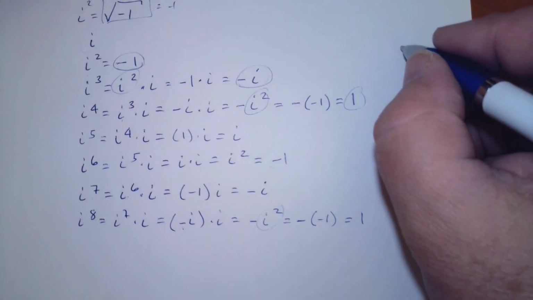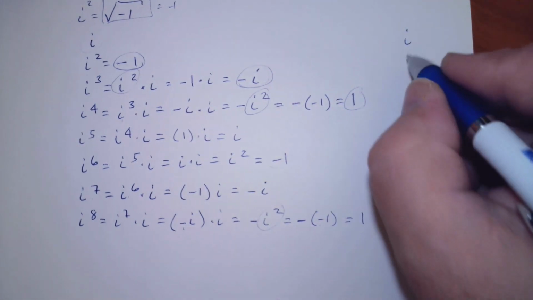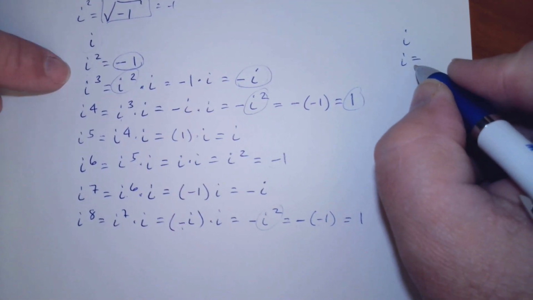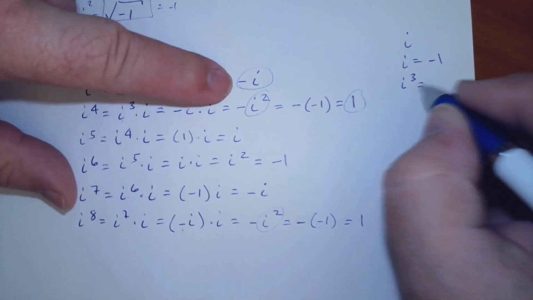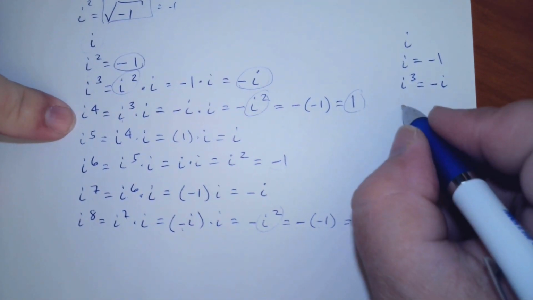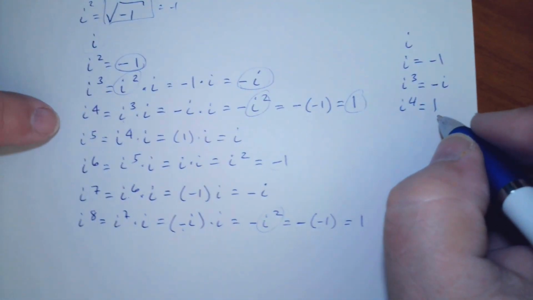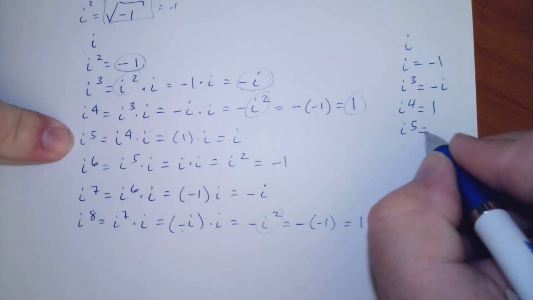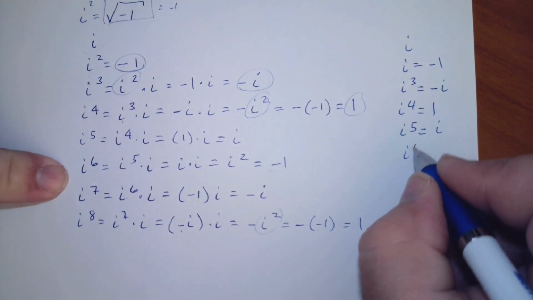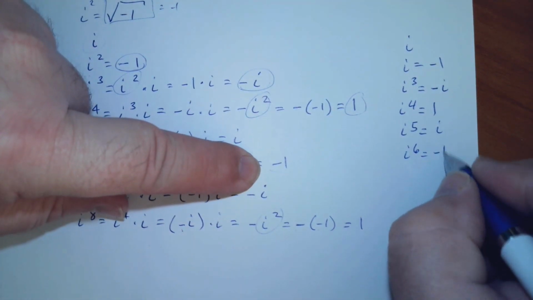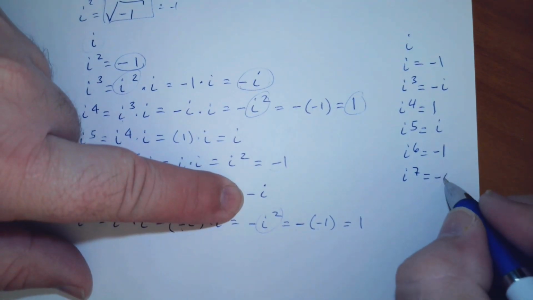Here's the pattern. Let's look at all these without the stuff in the middle. So we start off with i. Then i squared is negative 1. i cubed is negative i. i to the fourth is 1. i to the 5th is i. i to the 6th is negative 1. i to the 7th is negative i.